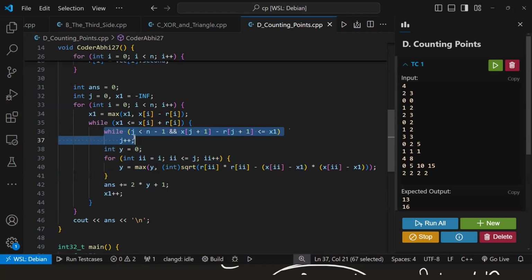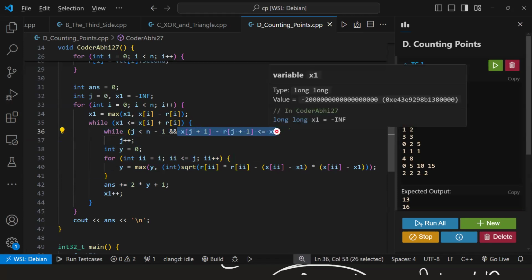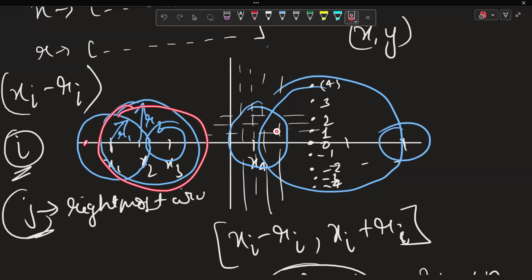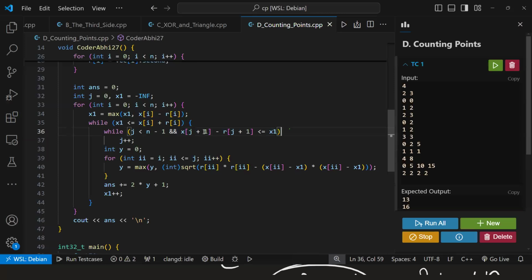First I would expand my j to the right as much as I can. So if j is less than n minus 1 and x of j plus 1 minus r of j plus 1 is less than x1, that is, if the next circle can be considered because its xi minus ri is less than my x dash, then this j can also be considered.